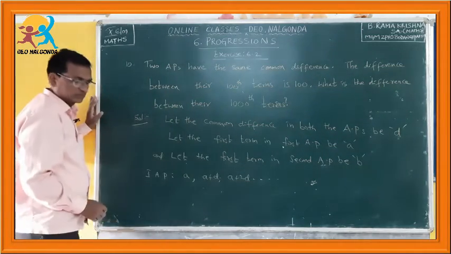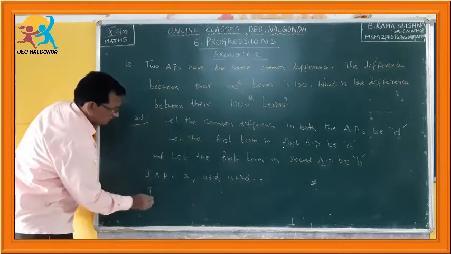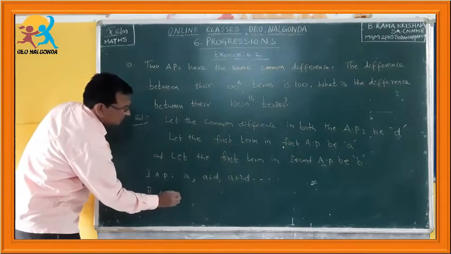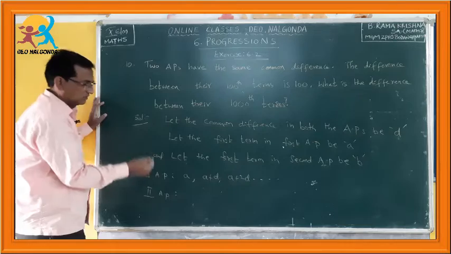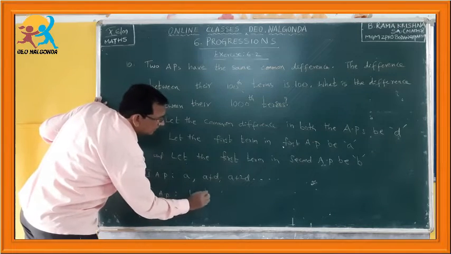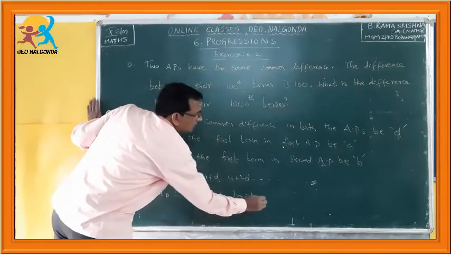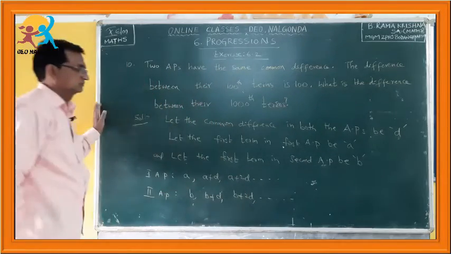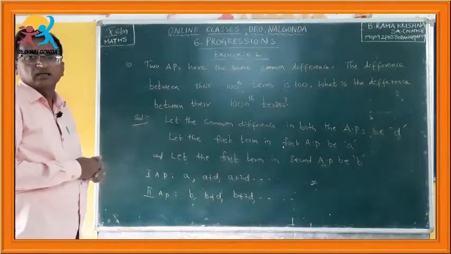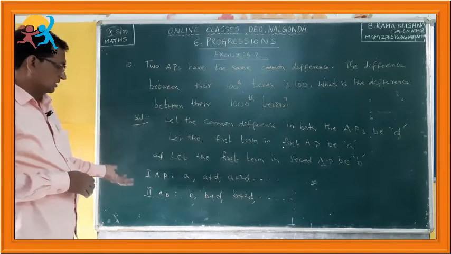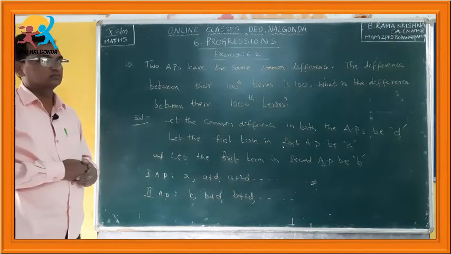What will be the second AP? You know the first term and the common difference, so you can write B, B plus D, B plus 2D, and so on. Both the APs will be like this.